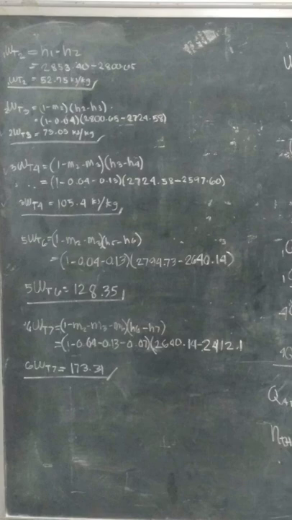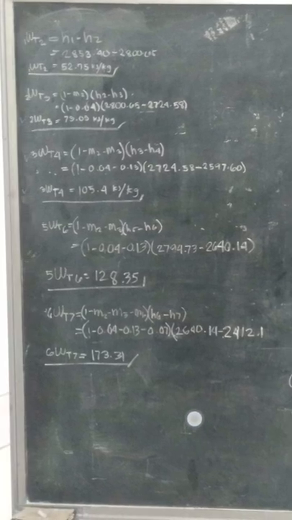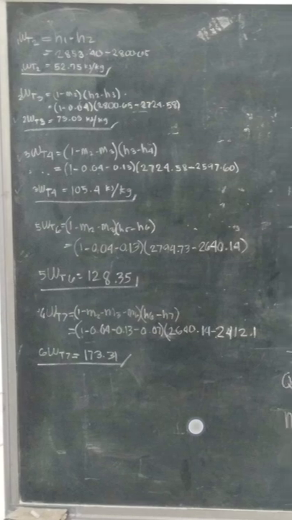We substitute back also. So we have the work turbine 7, 173.31.